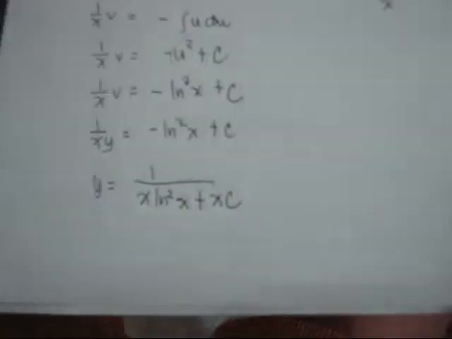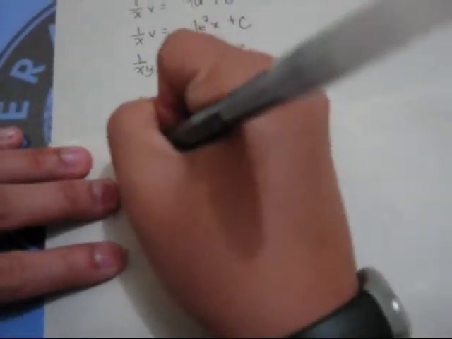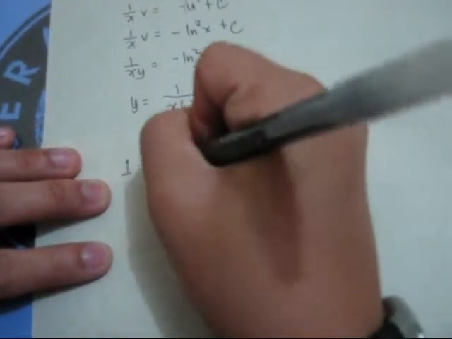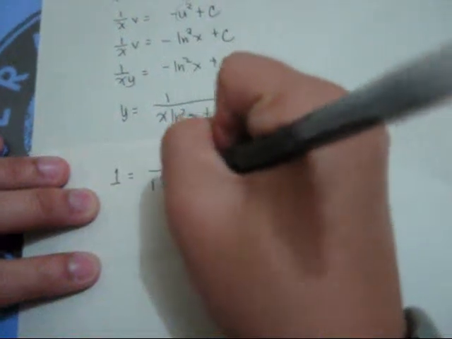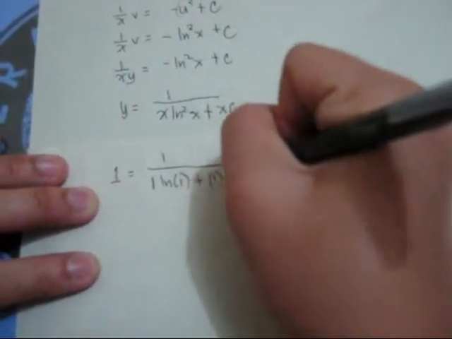But we are asked to solve for its particular solution if y of 1 is just equal to 1. So 1 equals 1 over 1 times ln of 1 plus 1 times c.